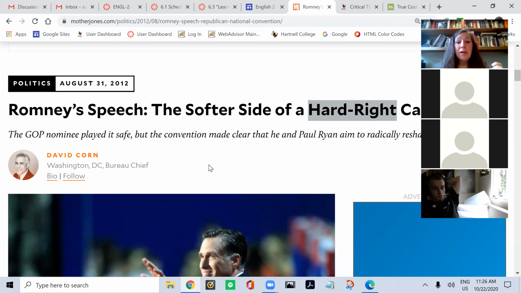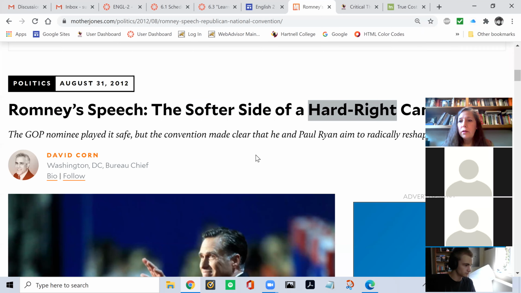He means to make some big changes to our country if he gets in office. And that's what the subtitle says. The GOP nominee played it safe, but the convention made clear that he and Ryan, the vice presidential running mate for Romney, aim to radically reshape America.